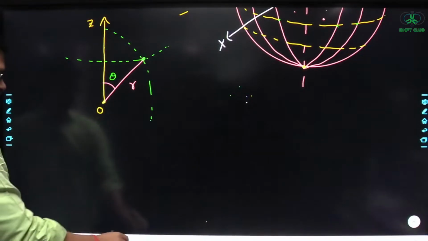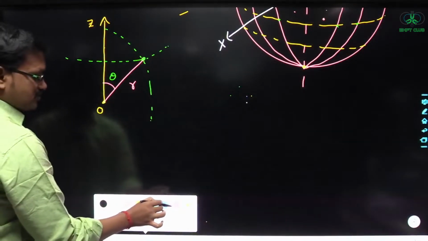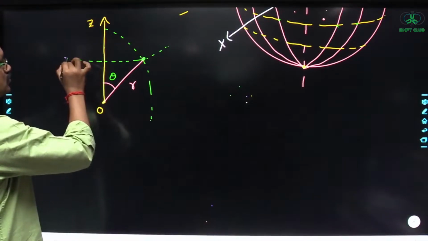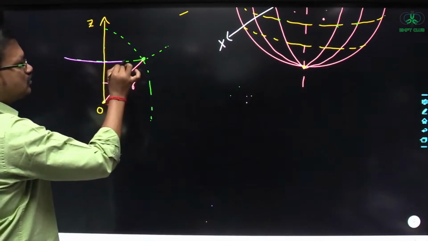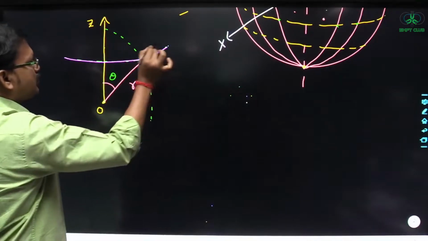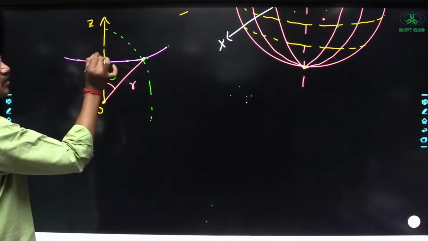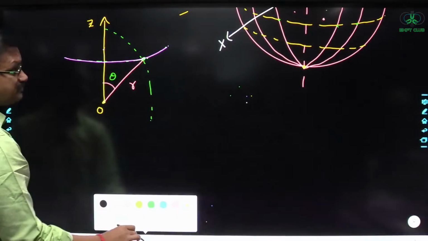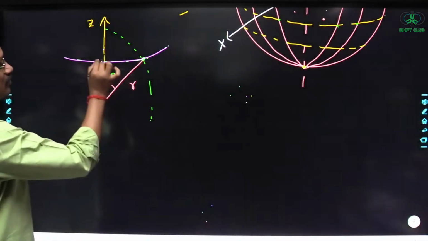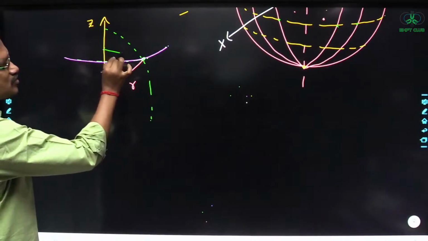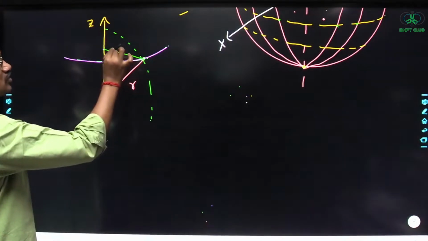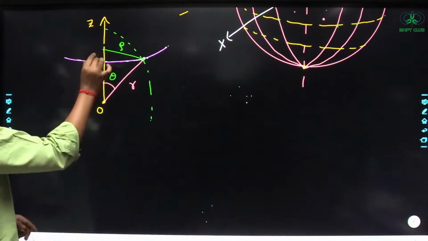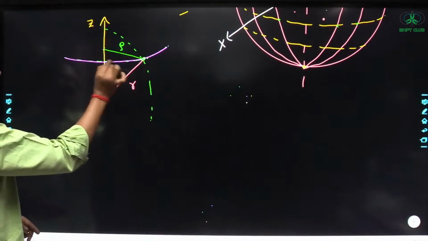Now the radius of this horizontal circle is nothing but the normal distance from the z axis to this point. Understood? This is nothing but rho. So rho is the normal distance from the z axis to this point.